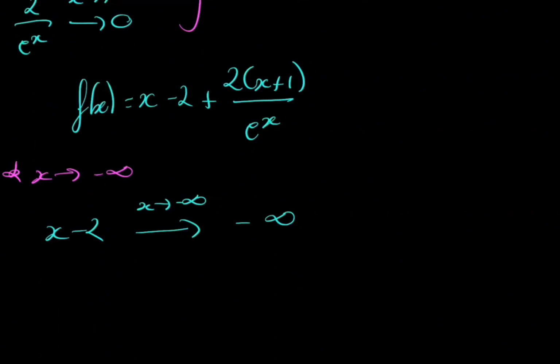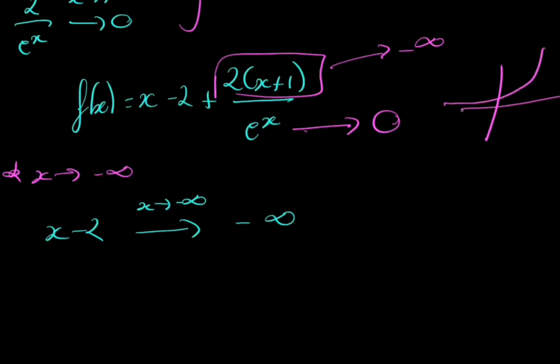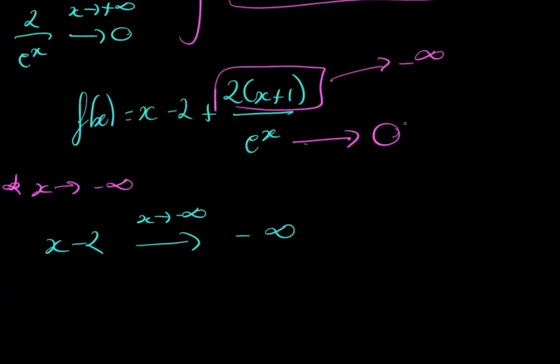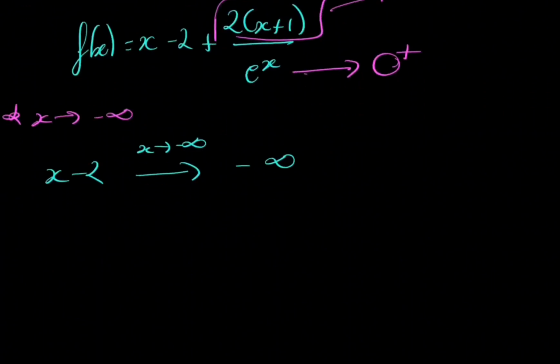And then we will have this part that will tend to minus the infinity, 1 doesn't matter, 2 positive, so it's still minus the infinity, and this will tend to not minus the infinity but 0, because exponential of x tends to 0 in minus the infinity. Okay, so be careful. Minus the infinity over 0 plus, so that's still positive. This quotient here will tend to minus the infinity.